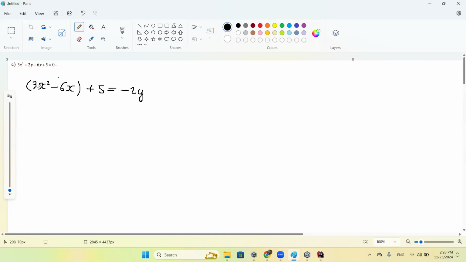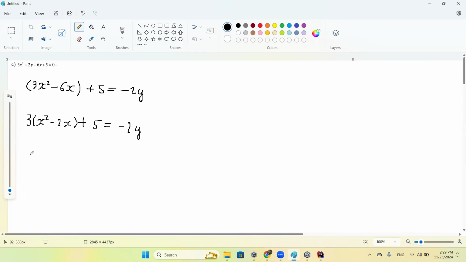So moving y already here. 3x squared minus 6x plus 5 equals minus 2y. I won't move 5 for now.